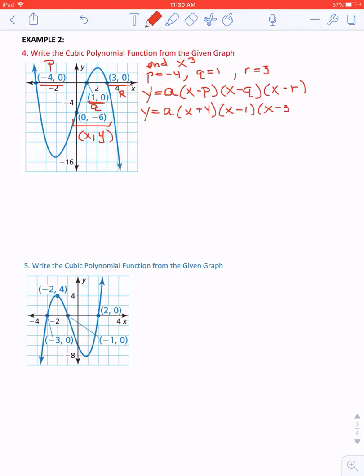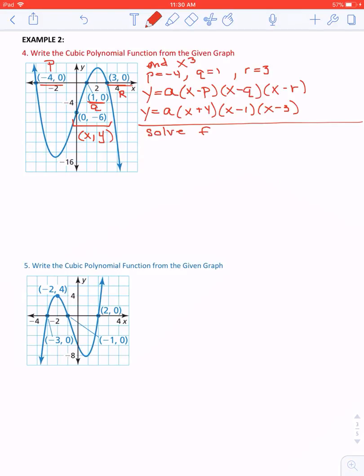X minus 3. So, if there's no stretch or shrink, if we knew that definitely, that would be our final answer. But we do need to find out if there's a stretch or shrink in there. So we actually need to solve for A. We need to check if a stretch or shrink has happened to this cubic function.